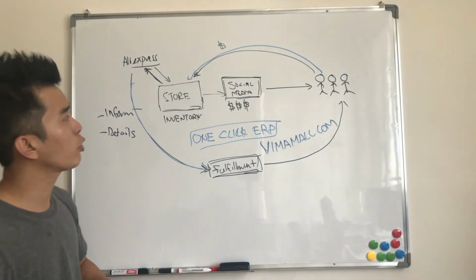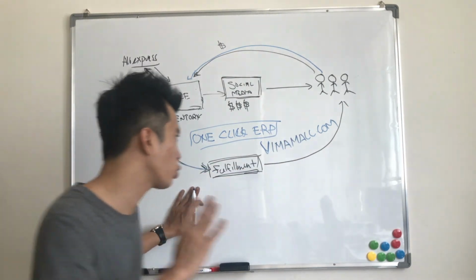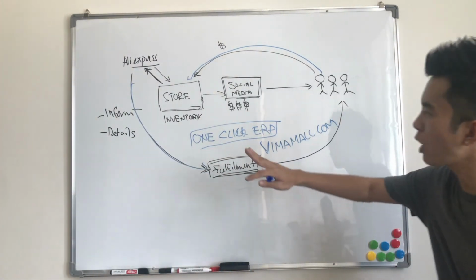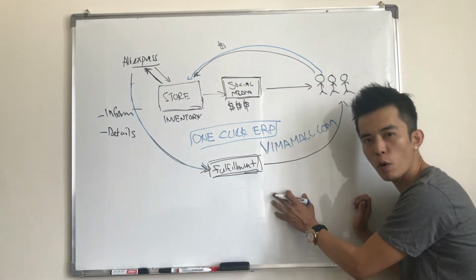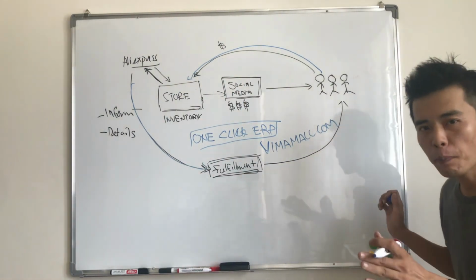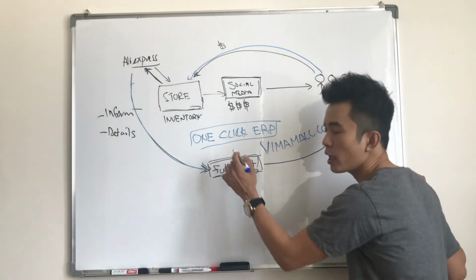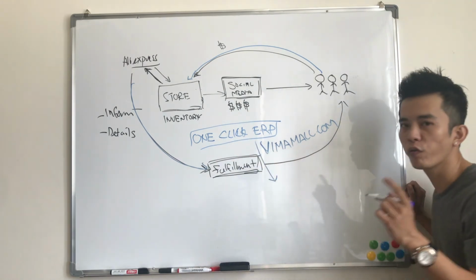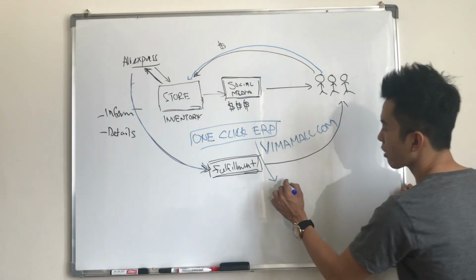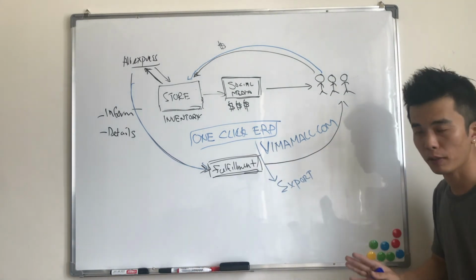Now let's talk about this whole process. The other thing that I need to add is this. Our one-click ERP system, on top of doing the whole dropshipping model, has another advantage: with one click of a button, you can export all your products into other marketplaces.